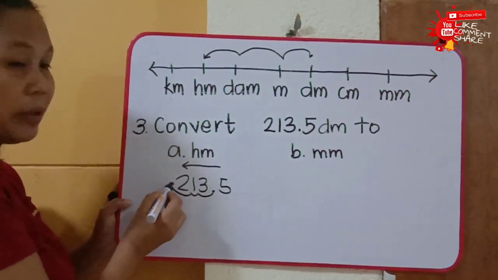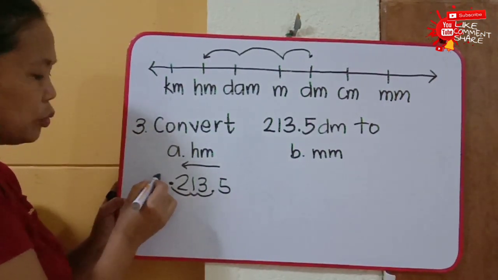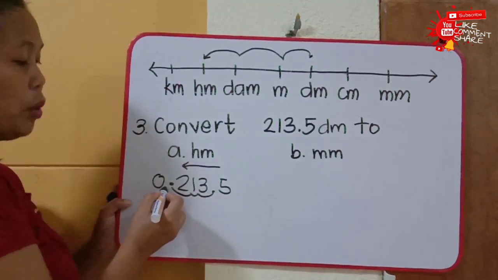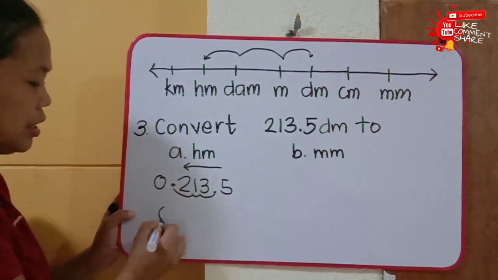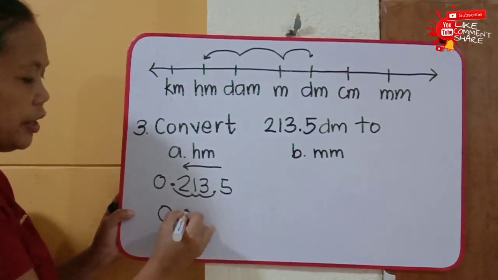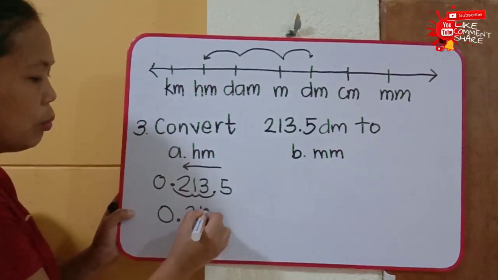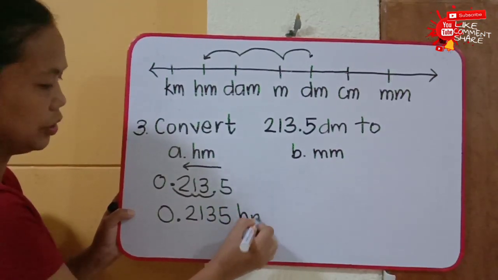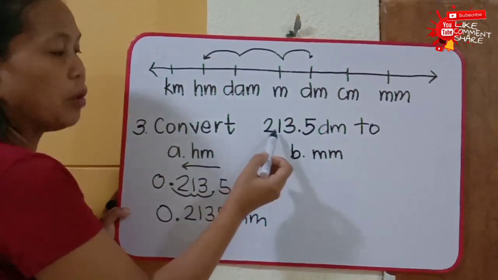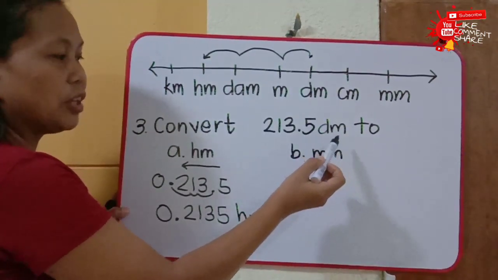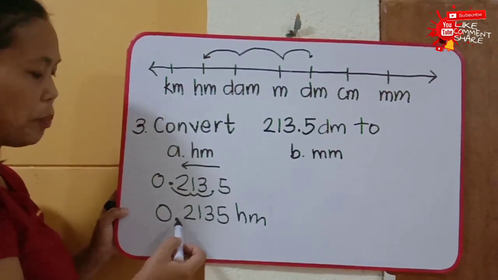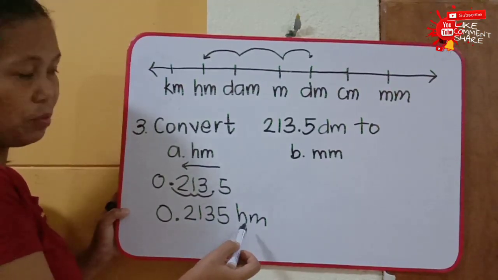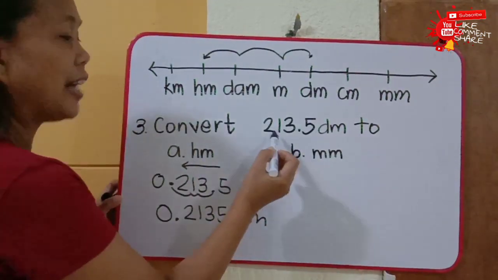Since this will be the new location, we have to write 0 after the decimal point. So the answer will be 0.2135 hectometer. So the conversion of 213.5 decimeters is 0.2135 hectometer.